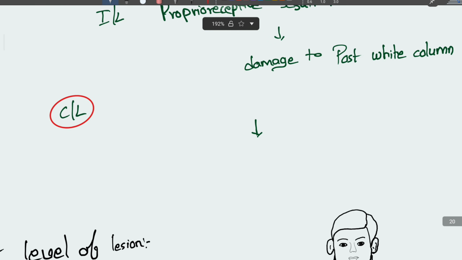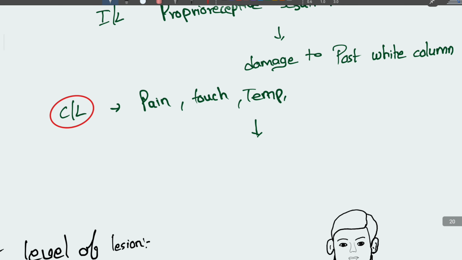And contralateral loss of pain, touch, temperature, exteroceptive sensations, temperature, pressure, these are your exteroceptive sensations.